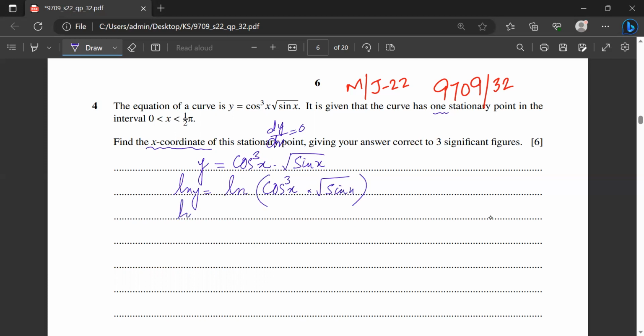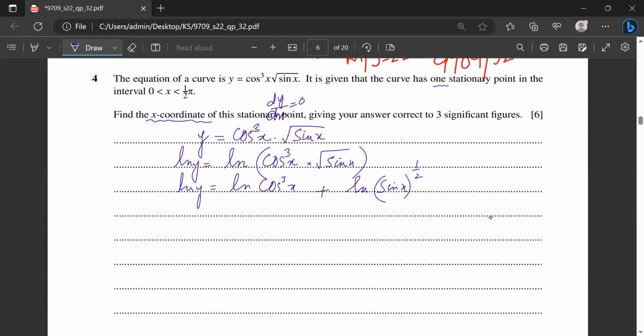Now recall the properties of the log. If there is a product, you can write ln cos cubed x plus ln of the square root of sine x, or you may write sine of x to the power 1 over 2.